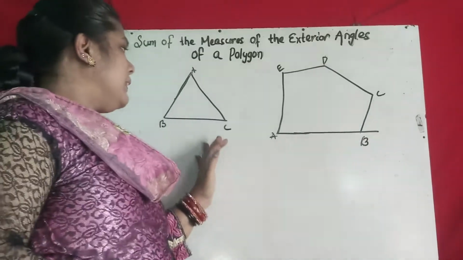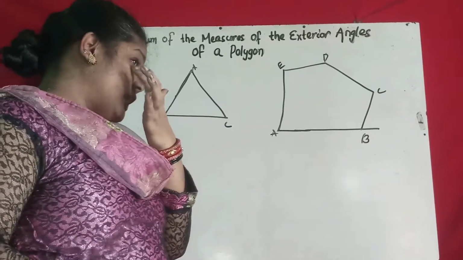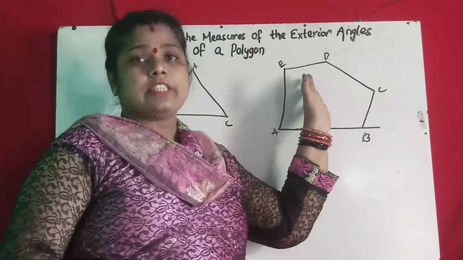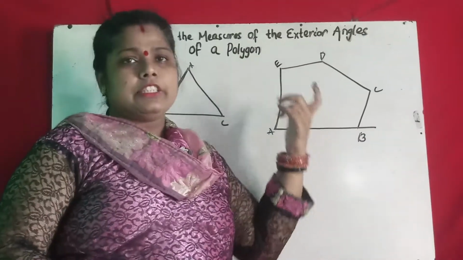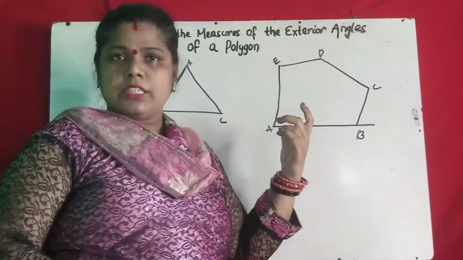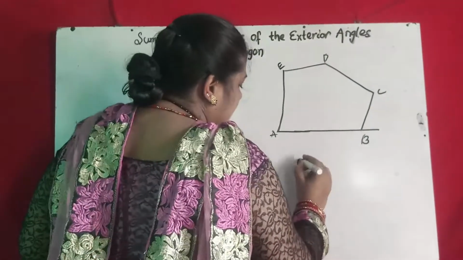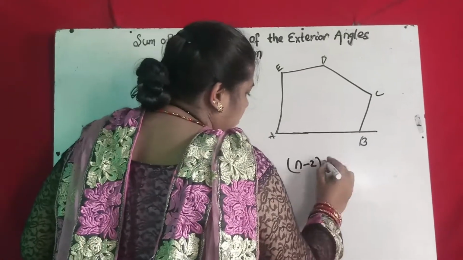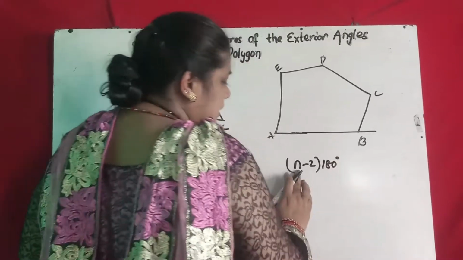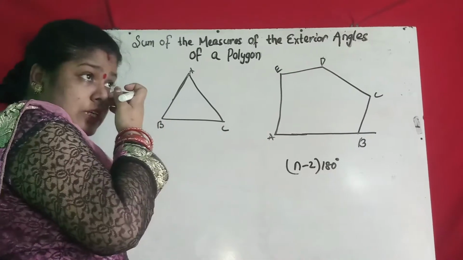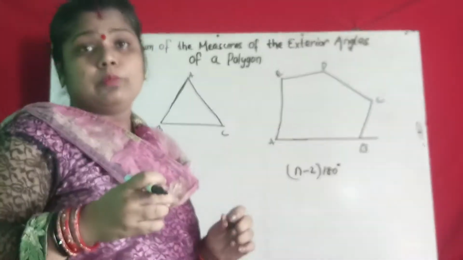There we read the sum of the interior angles of a polygon, and we discussed a formula: n minus 2 into 180 degrees, where n is the number of sides. Then you get the total sum of interior angles of a polygon.